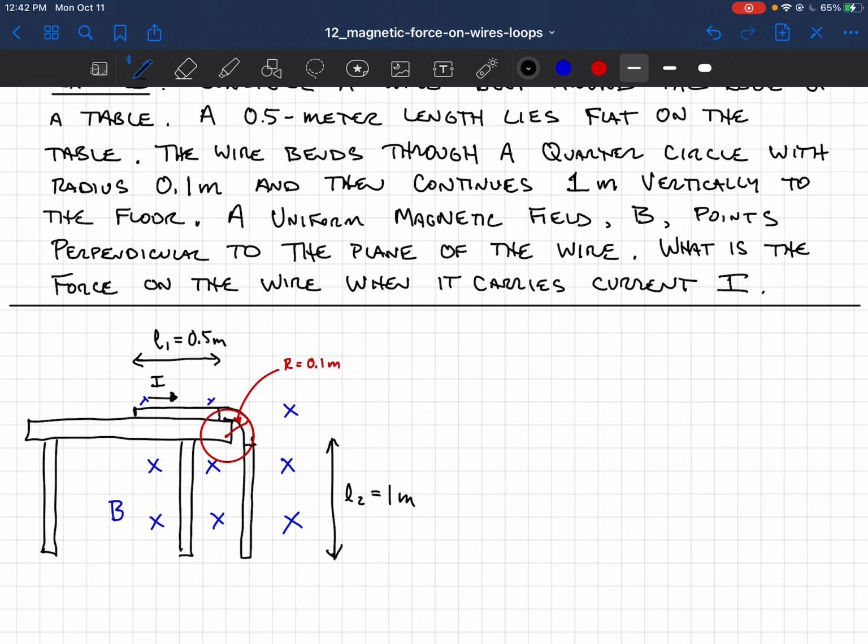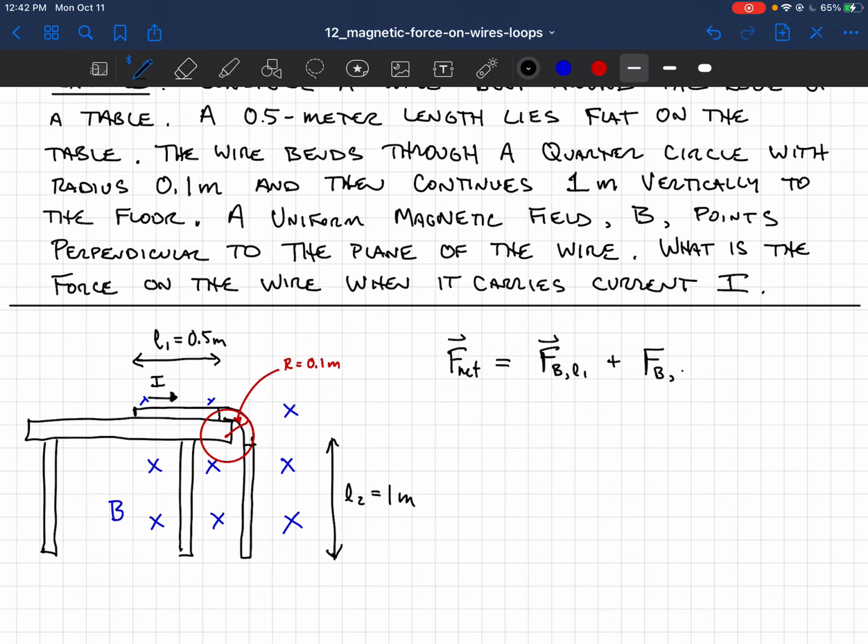So it's the force of the magnetic field on L1 plus the force of the magnetic field on the little circular loop, we could call that circ, plus the force of the magnetic field on L2. So what are those things?